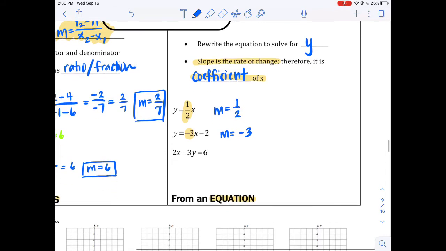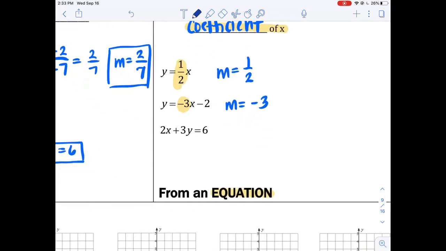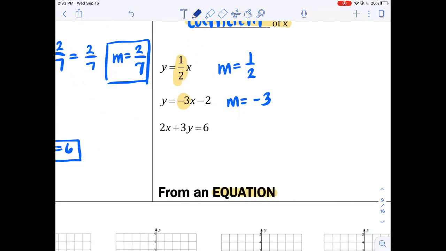But notice on this last example, y is not isolated, so I don't know the slope yet. So what we need to do is isolate y. So we're going to use some inverse operations. So the first thing I'm going to do is subtract 2x to move it to the other side. So I get 3y equals negative 2x plus 6.